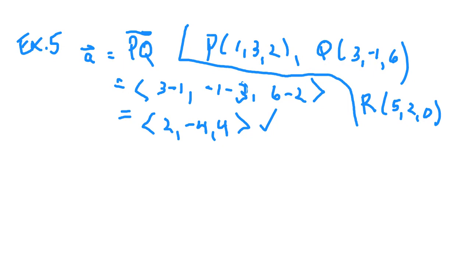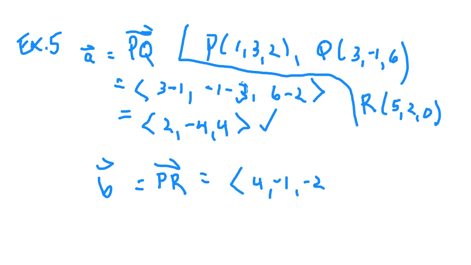So A is PQ, B is PR, and if you work out PR, you will get 4, -1, and -2. Good catch, Lexi and others who caught that.